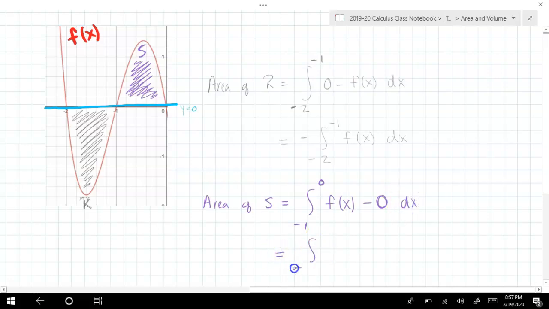So it just looks like the area from -1 to 0 of f of x dx. This we've been doing already. We've already been calculating this area between the curve and the x-axis. We just didn't realize that we were subtracting from 0 or subtracting 0.